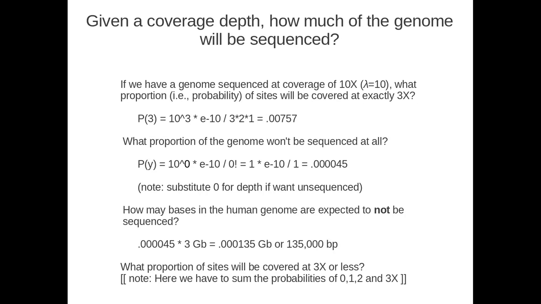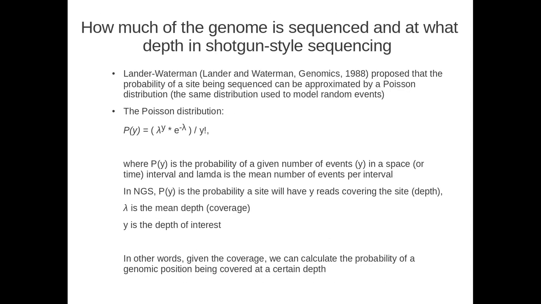So here's an example. Let's imagine that we have 10x coverage, that we've sequenced our genome. So lambda here equals 10. And we want to know what is the proportion of sites that will be covered at exactly 3x. If we look at this equation, going back one slide, y here is 3. That's the desired level of coverage depth.